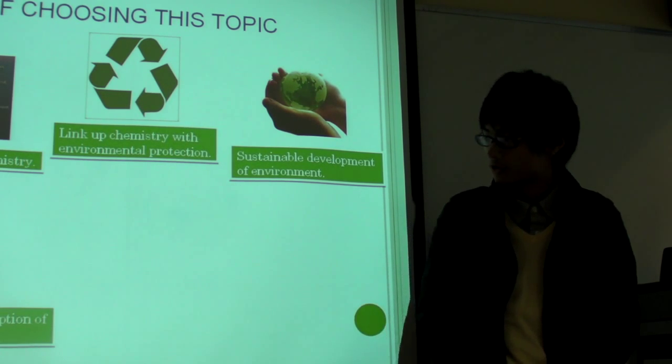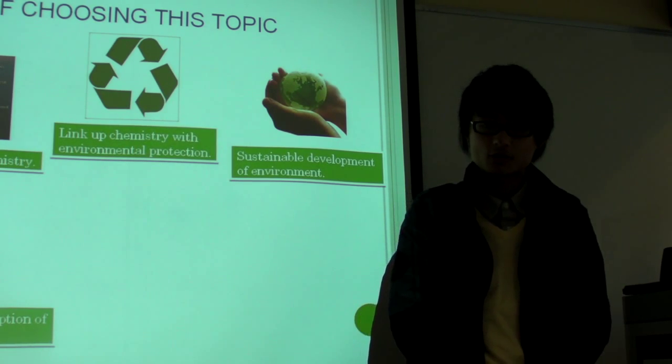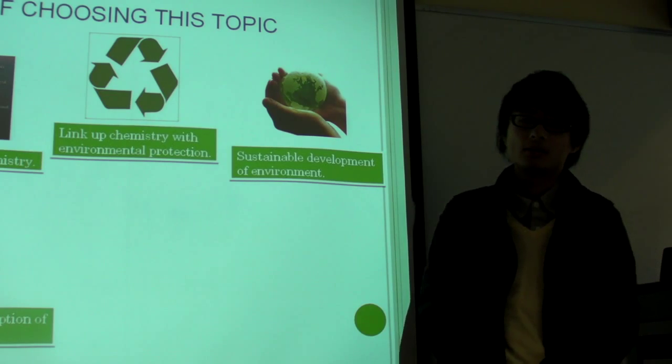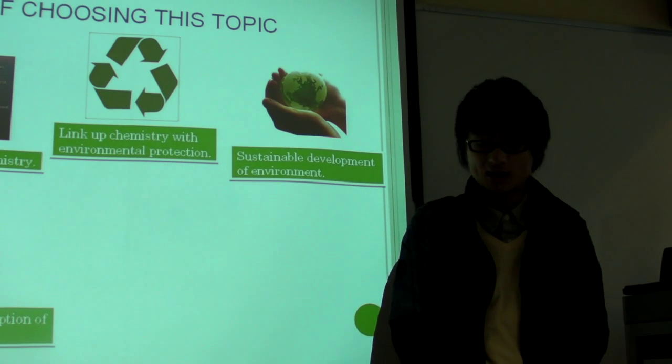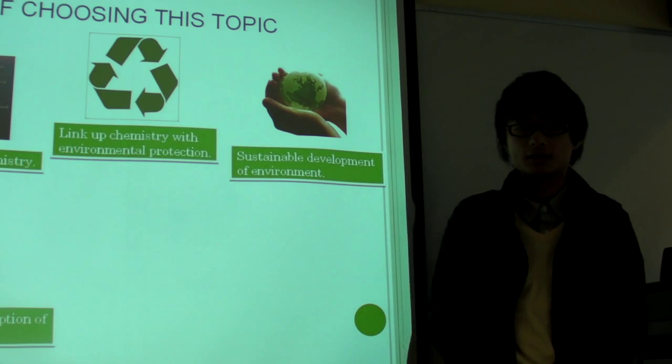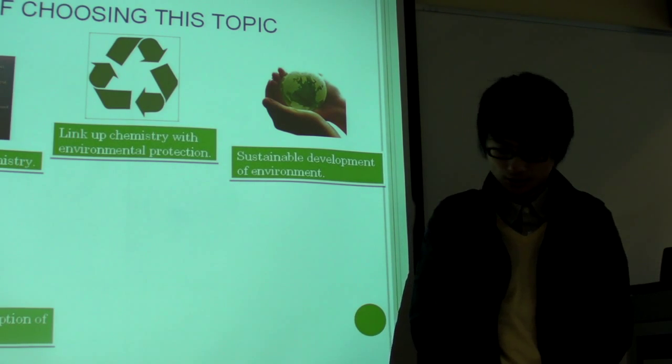And we want to change the misconception of the general public that the chemistry industry will only emit pollution and do nothing to save the environment. However, it is wrong. Actually, chemists have done a lot to reduce the emission of pollutants from industrial processes. And all these are green chemistry.